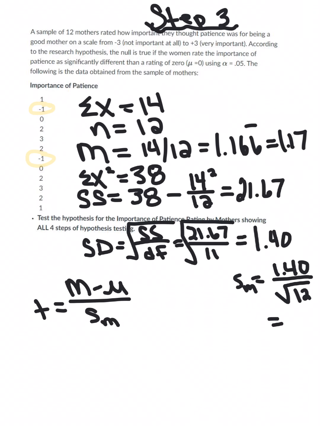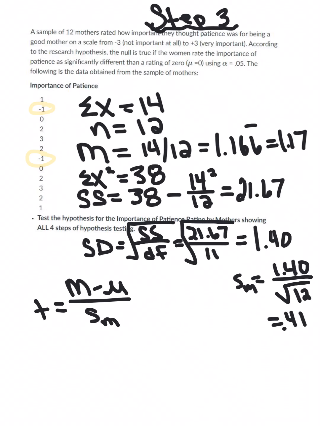Okay, and we should be getting 0.405 blah blah blah. So I'm going to put in 0.41. That's what I'm writing down because I'm rounding to the second decimal. But you can keep as many as possible in your calculator just to make it accurate.